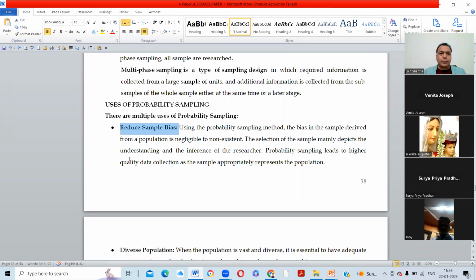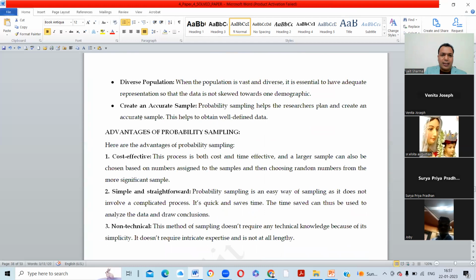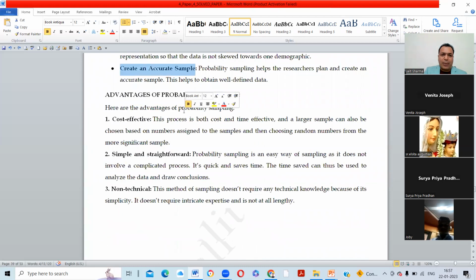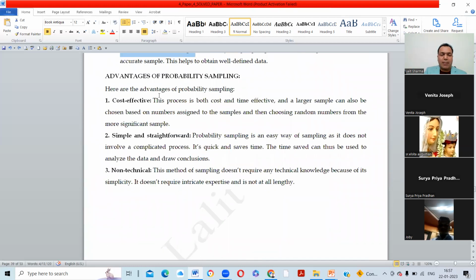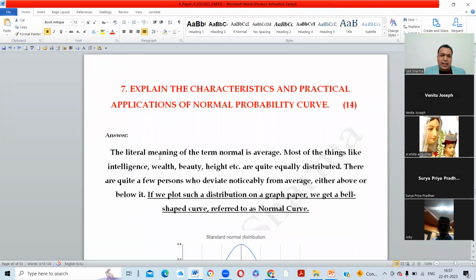That's why sometimes there are problems in research, in the thesis, because the sample is not taken in a very systematic way, right? So its uses: reduce sampling error, create an accurate sample. And the advantages of probability sampling: cost effective, simple and straightforward, and non-technical. This is an easy one, sampling.